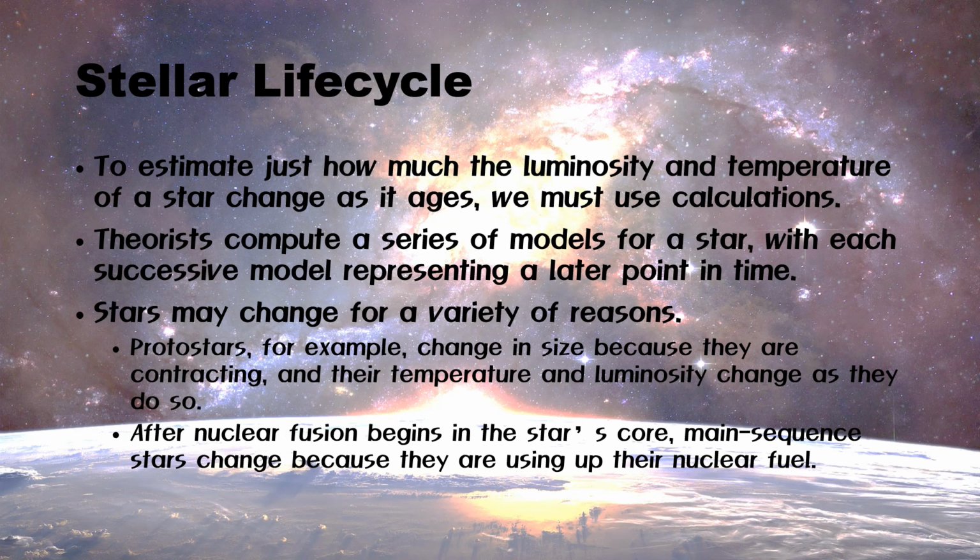Protostars, for example, change in size because they are contracting, and their temperature and luminosity change as they do so. Once nuclear fusion begins within the star's core, main sequence stars change because they are using up their nuclear fuel. For example, they might move from the proton-proton chain to more of the carbon-nitrogen-oxygen chain.